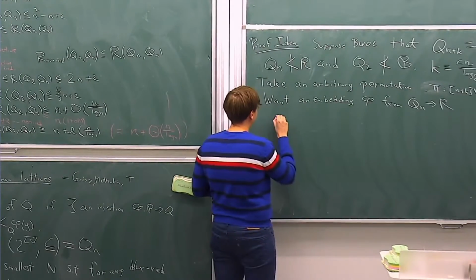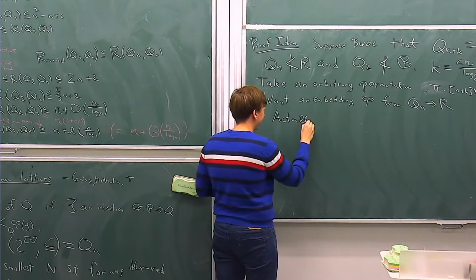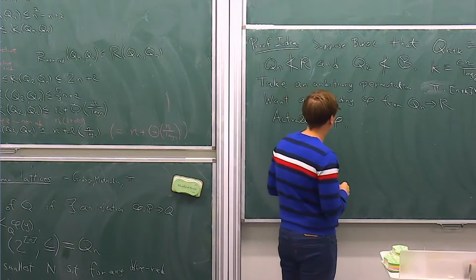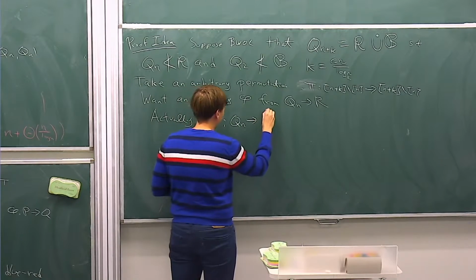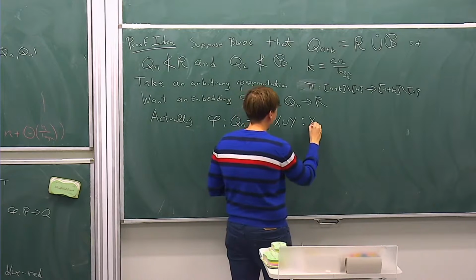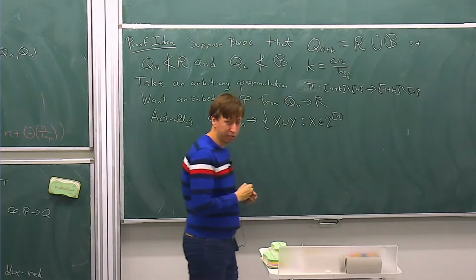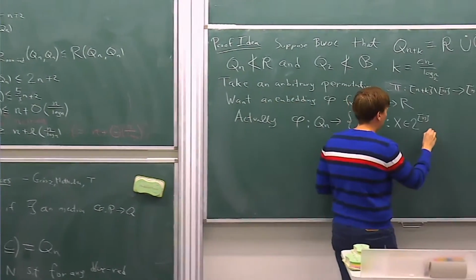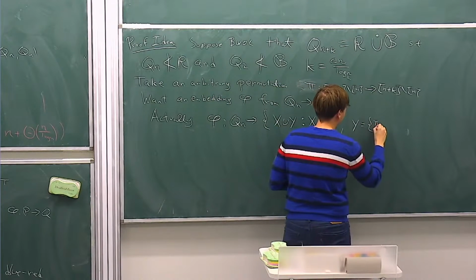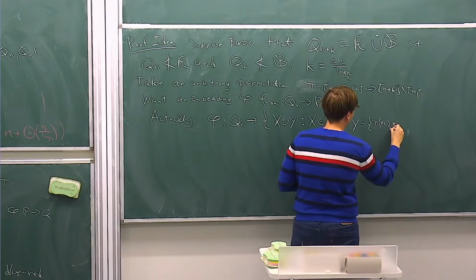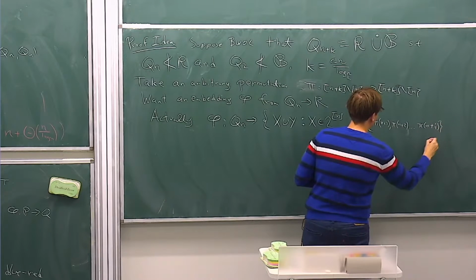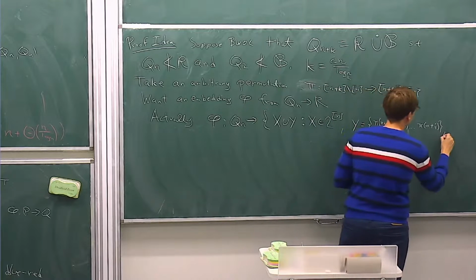So we define phi. It's going to go from Qn into the following set: the set of x union y such that x is one of the initial subsets of the first n elements, and y is equal to the first few things in the permutation, so y is equal to pi of n plus 1, pi of n plus 2, up to pi of n plus i, for some i at most k.